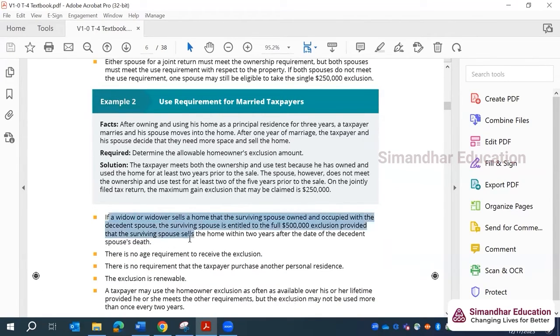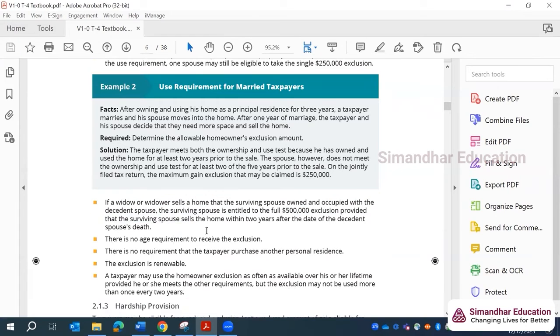This is an important point, please make a note somewhere that if someone becomes a widow or a widower, they are eligible to get an exclusion amount of $500,000 if they sell the house within 2 years after the date of the decedent's death.